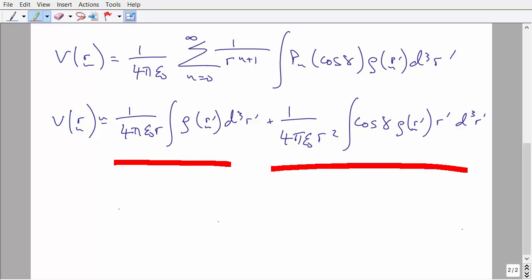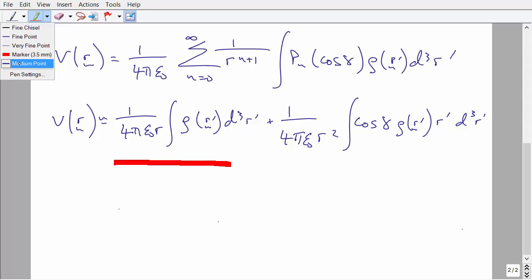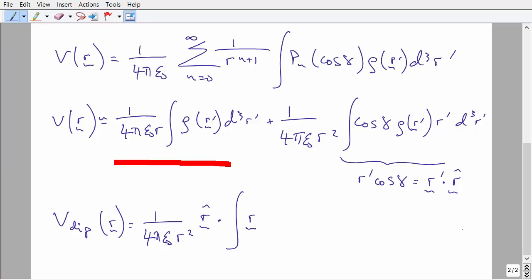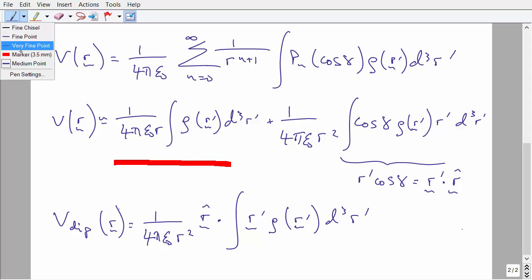So you might remember that once we had generated this, we recognized that we could rewrite the r prime cosine gamma term in the following way. Okay, and that was our expression for the dipole.